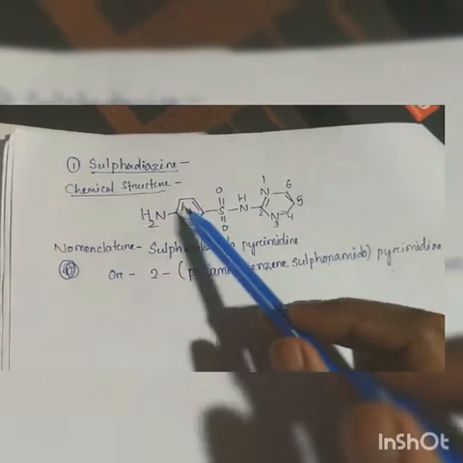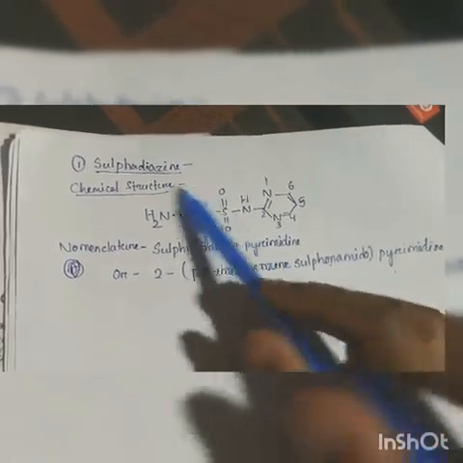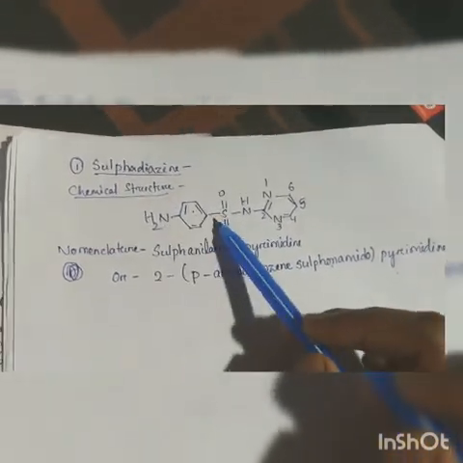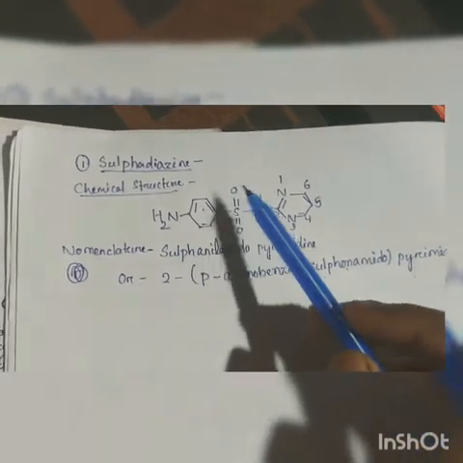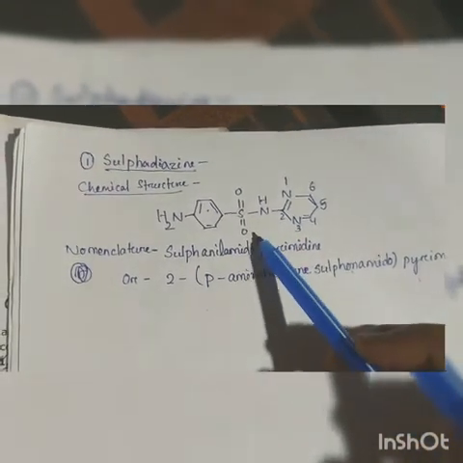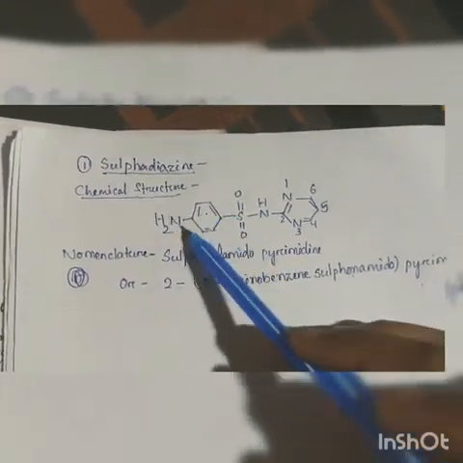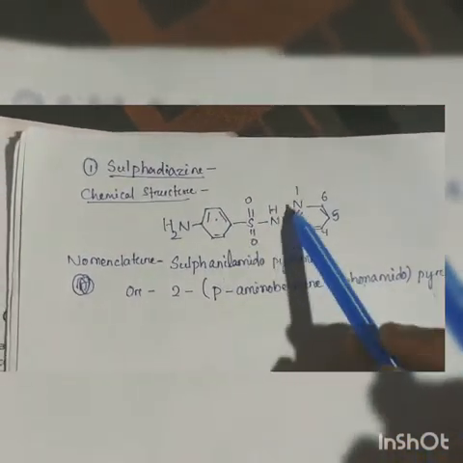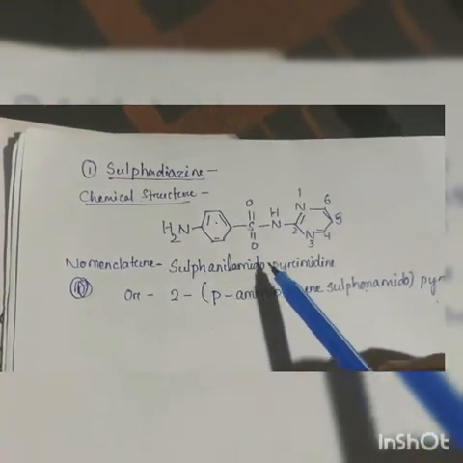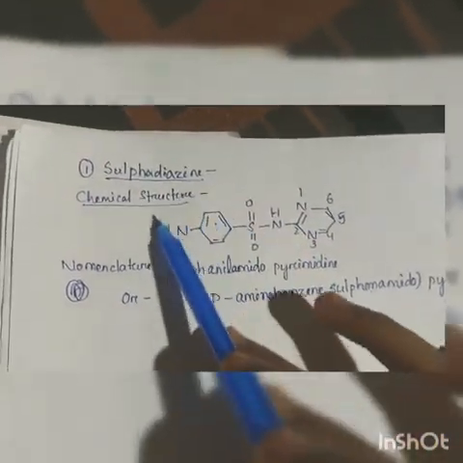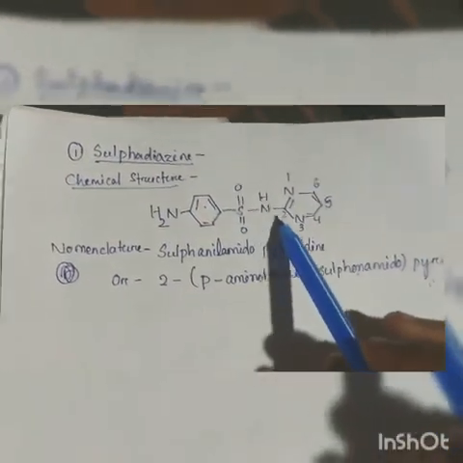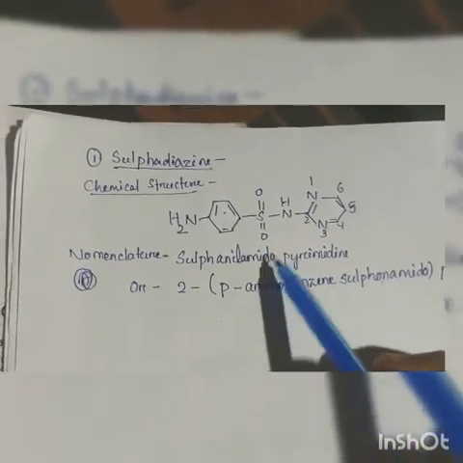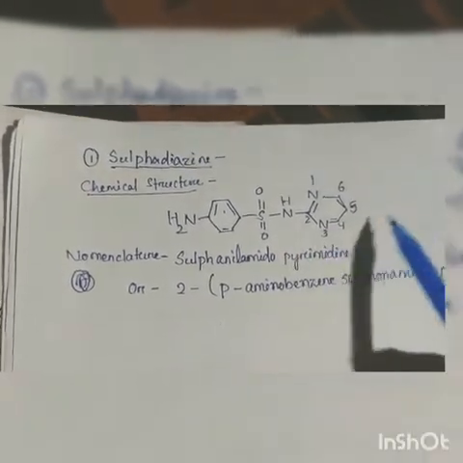Another way, we can call the NH2 with the benzene ring aniline. So sulfanil, aniline to anil, and NH2 is amido. So the total group is called sulfanilamido and pyrimidine.